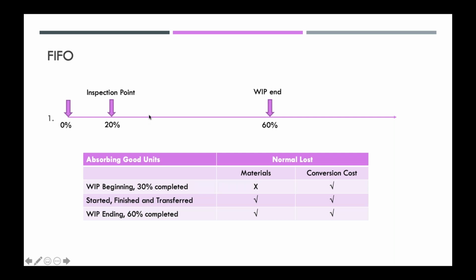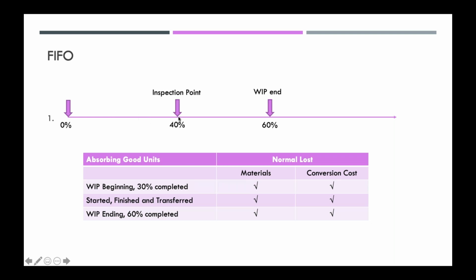Kasi nandito na yan eh. Okay? So from 30% onwards na lang siya. So wala na siyang magiging share dun sa materials na malalagay natin dun sa normal loss kasi ang inspection point 20%. So dito pa lang, na-identify na natin na loss na siya, hindi mo na yan malalagyan ng materials kasi yung work in process beginning natin nandito na sa 30% eh.